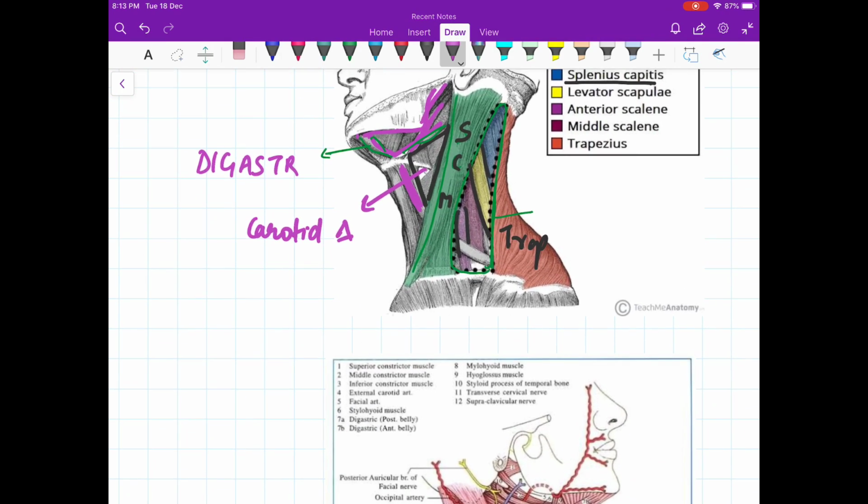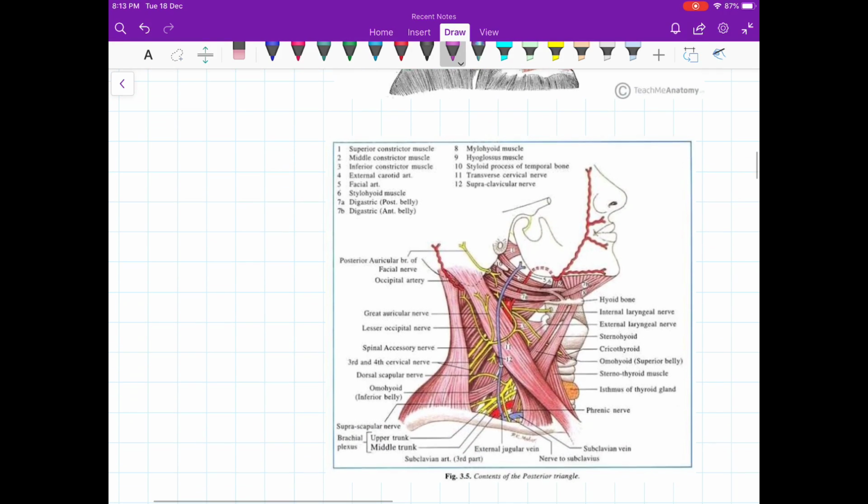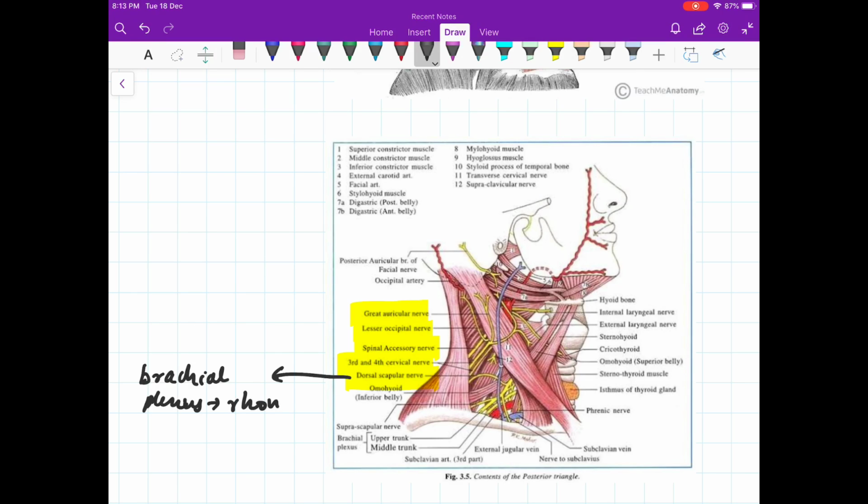Now we will discuss the structures that form the main component of the posterior triangle. You will see the greater auricular nerve, lesser occipital nerve, spinal accessory nerve, third and fourth cervical nerve, dorsal scapular nerve, which is a branch of brachial plexus, and it supplies rhomboids, major and minor.